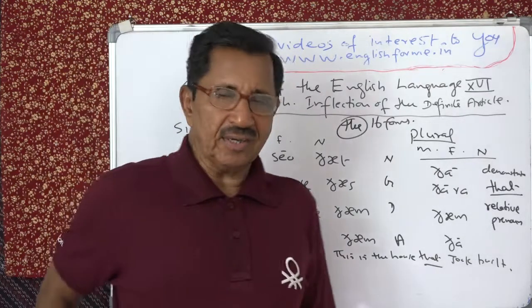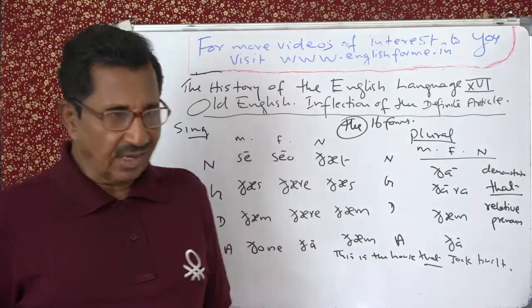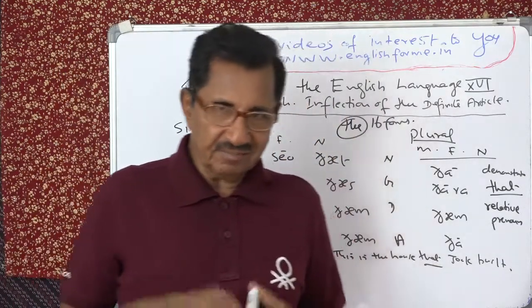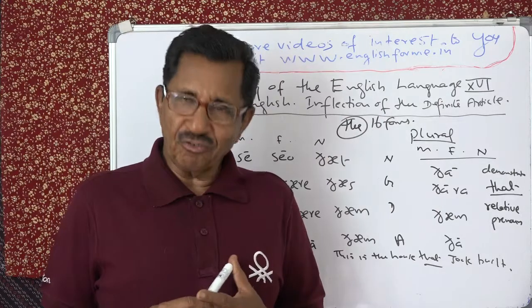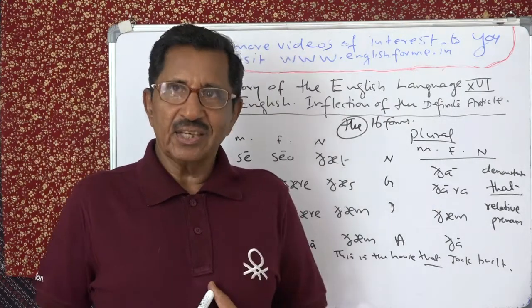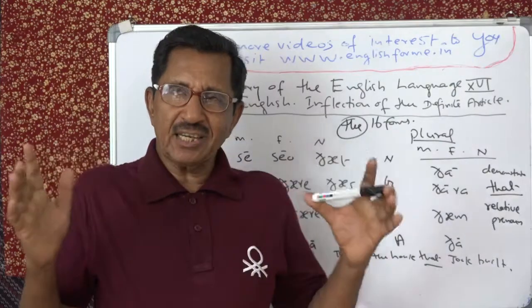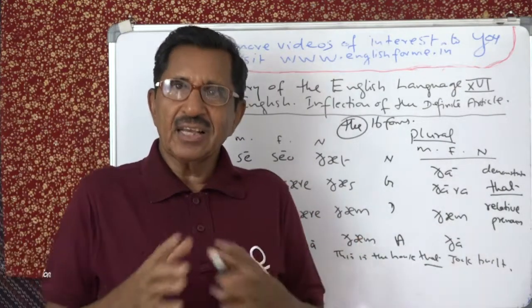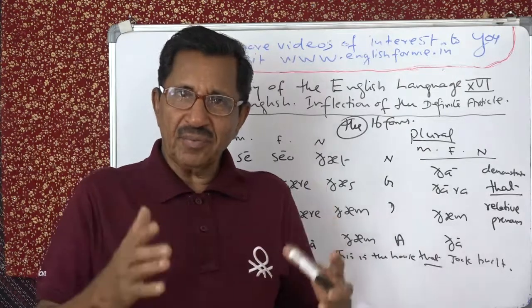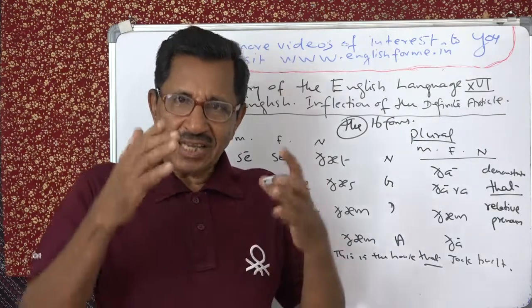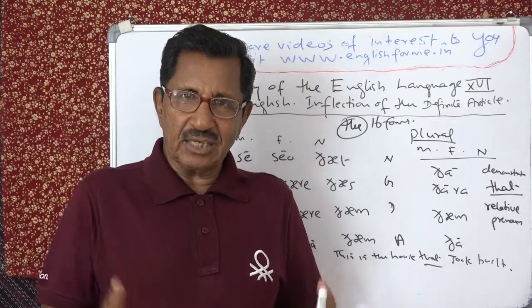Now I am sure you are familiar with all kinds of this inflection. What is inflection? You get a picture of Old English now. A fully inflected language, a synthetic language, with different forms for masculine, feminine, neuter. Then in different cases: nominative, genitive, dative, accusative.